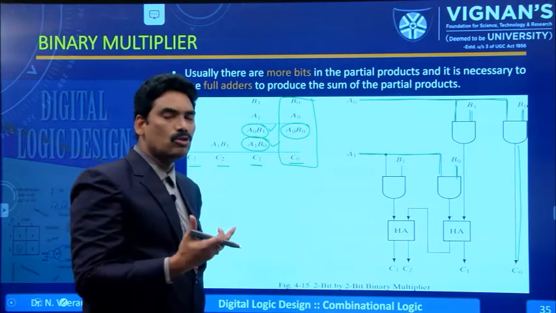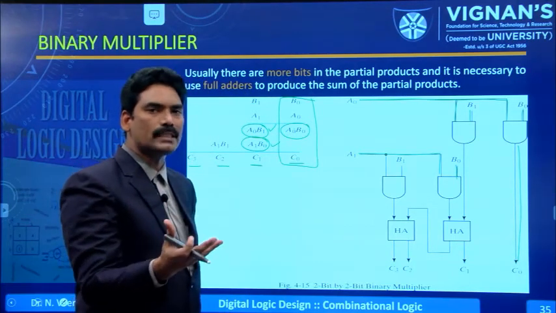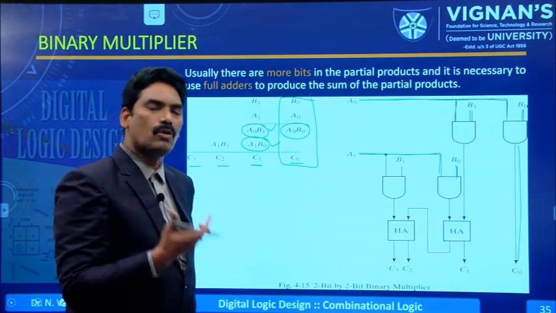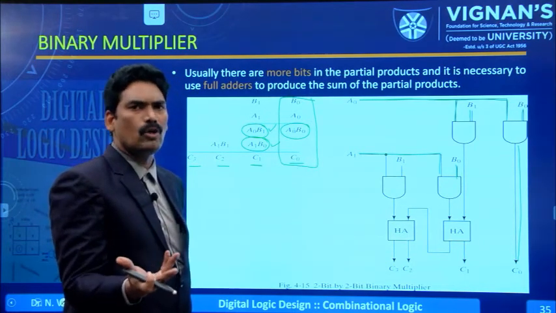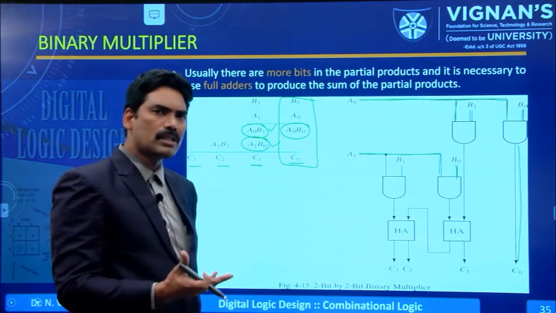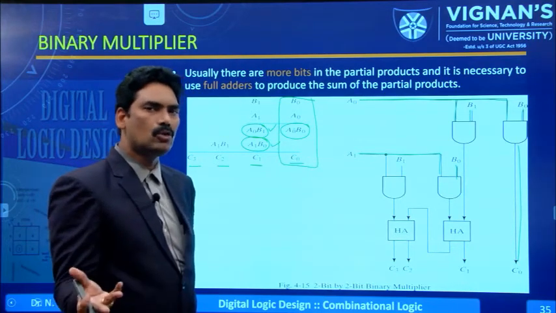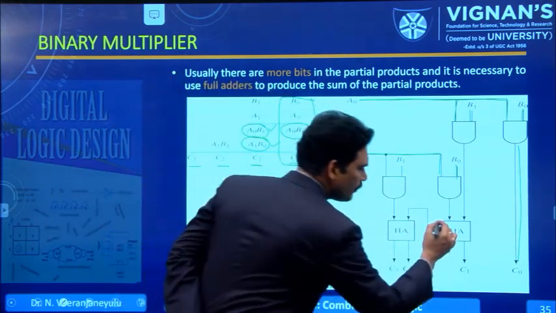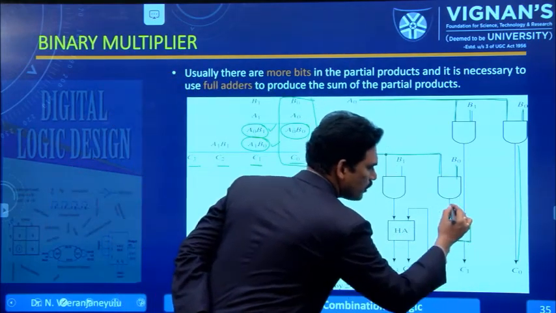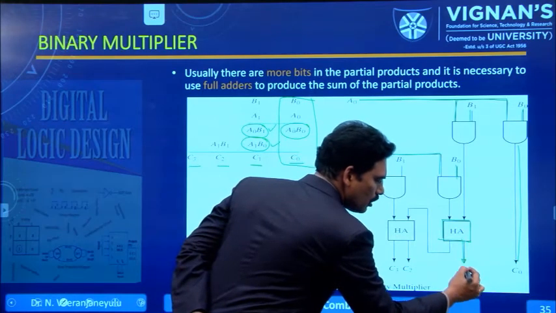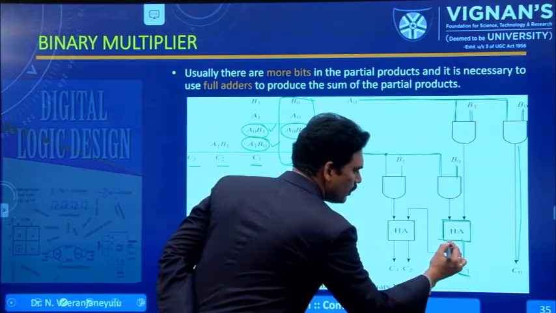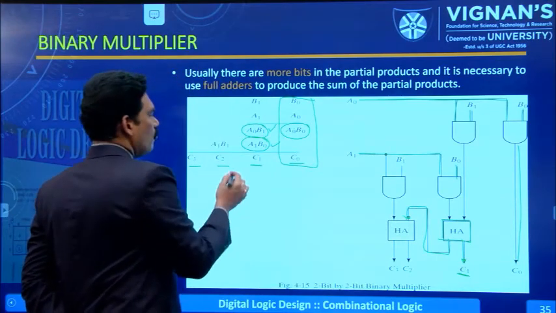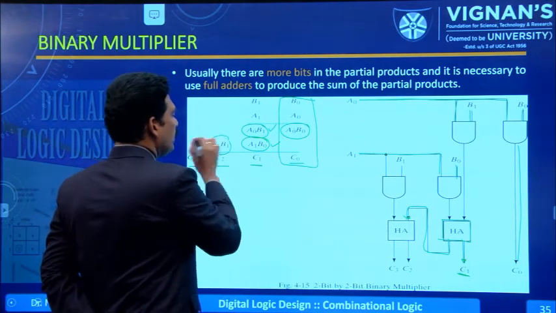To perform addition between 2 bits, what is the required circuit? We need a half adder. We need only a half adder. How many inputs are there for a half adder? 2 inputs and 2 outputs, sum and carry. See here we have a half adder. 2 inputs are there, and one output is C1 and another one is the carry. Now we are performing A1, B1.